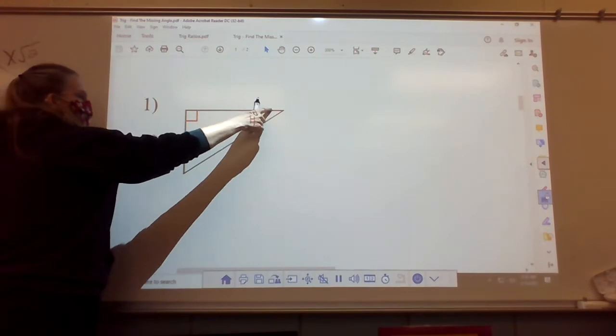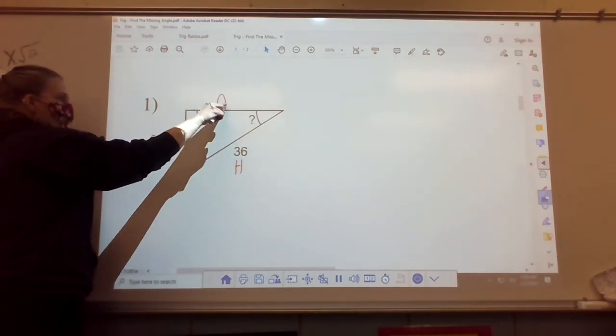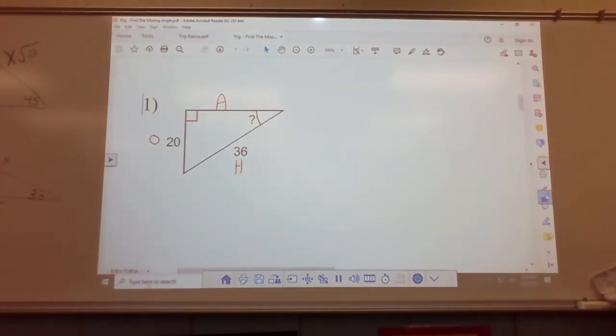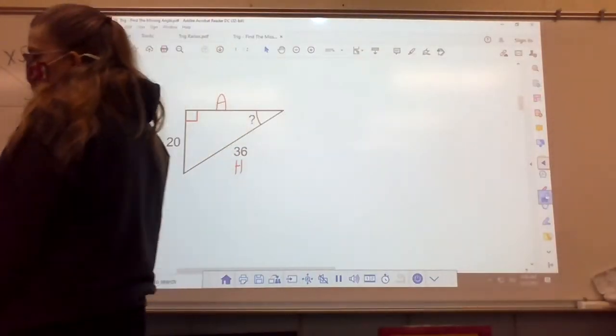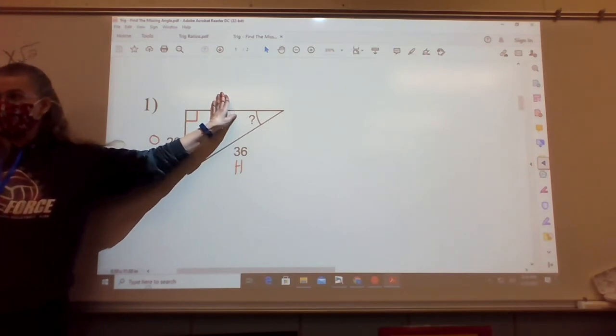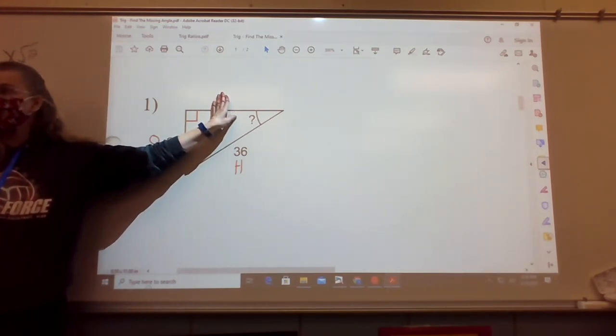And the adjacent, there's nothing here. But I'm going to go ahead and mark the A there. But there's nothing there. Now, they didn't tell me what trig function I need to use. So I got to figure that out. Now, there's nothing at A. So that means I can't use an A. A is not available to us.